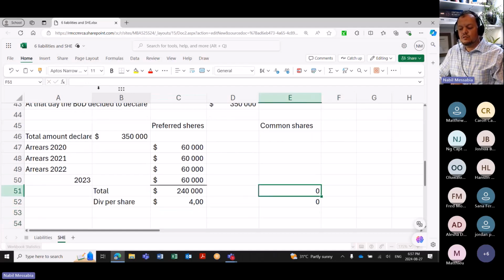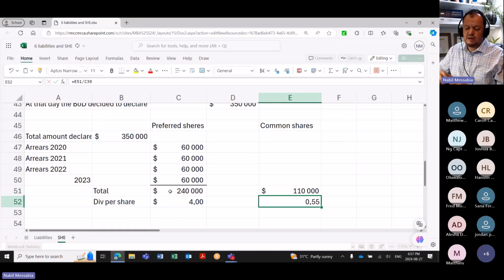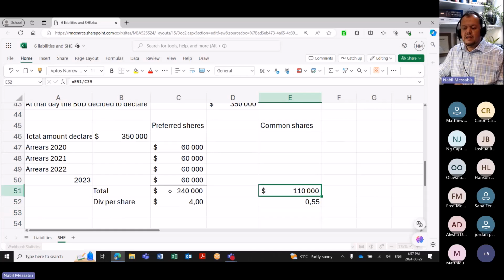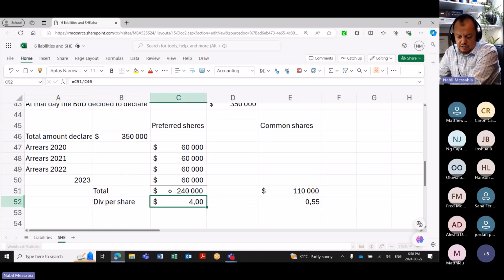The balance that will go to the common shareholders is the total amount, 350, minus what went to the preferred, because the common shareholders do not have priority. So they will receive 55 cents per share, while the preferred shareholders will receive $4 per share. Okay, this is how we do it.